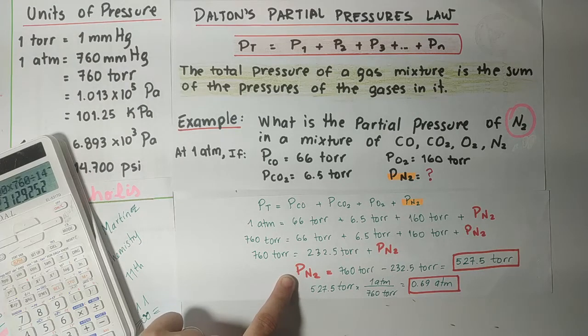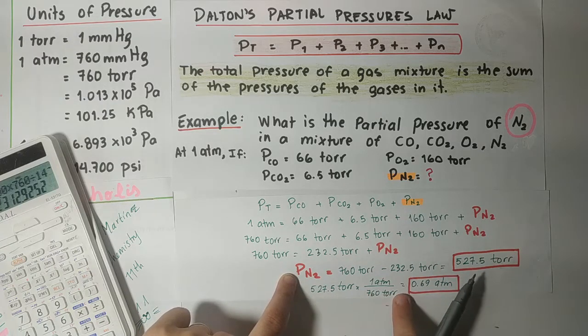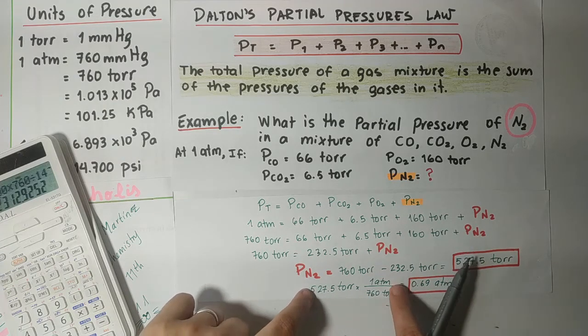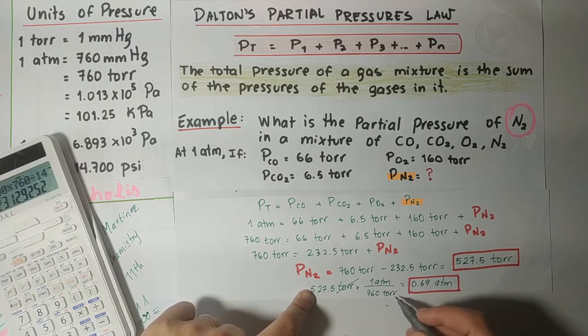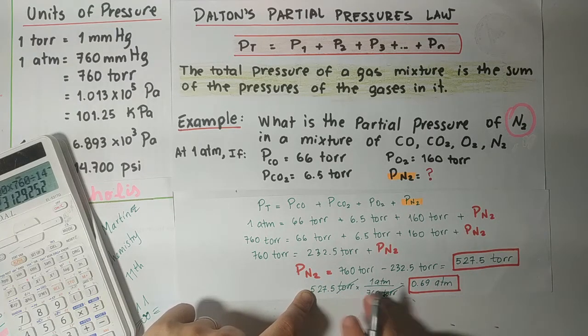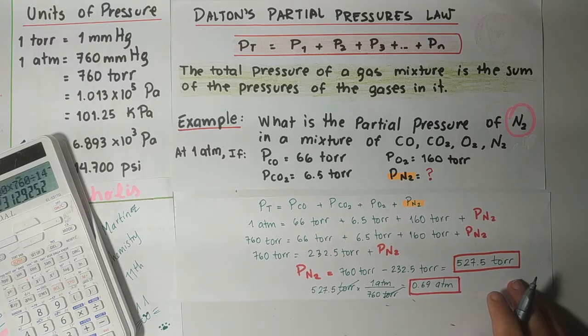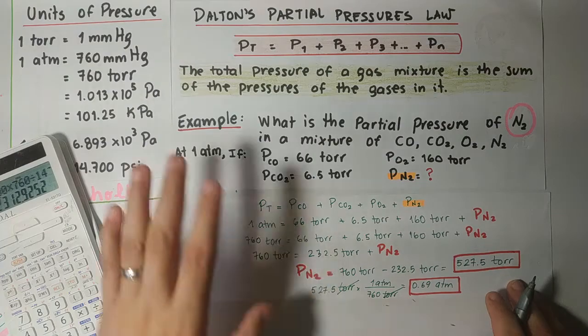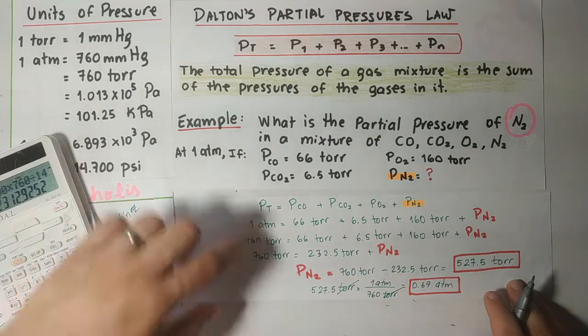You have to convert this final torrs into ATM by using the conversion factor between ATMs and torr, which is this one, and you cancel the same units that are in opposite positions. So basically, Dalton's partial pressures law is very simple. It's just adding the individual pressures to have the total pressure.